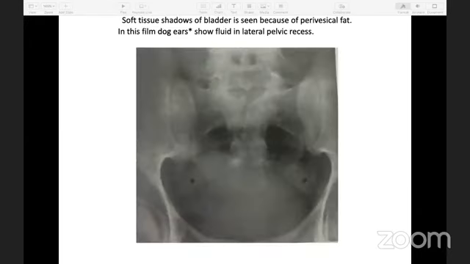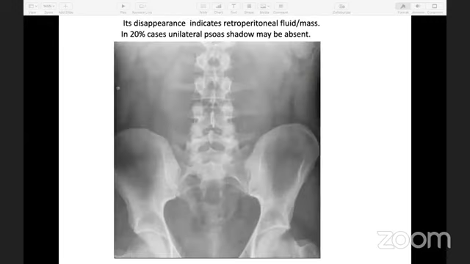Bladder is outlined beautifully because of perivesical fat, and above that you can see little fluid in the peritoneal recess. Bilateral psoas shadows are clearly seen in this, where absence indicates retroperitoneal fluid or mass.